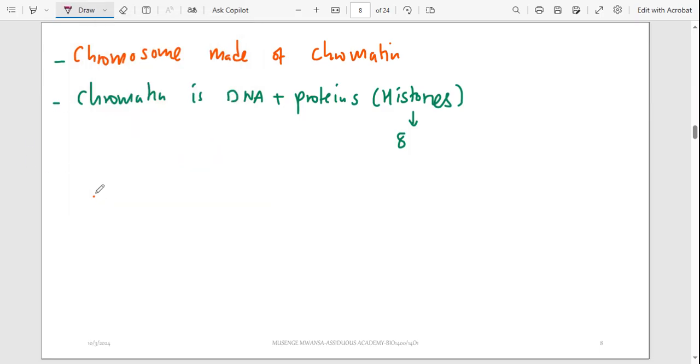It all starts like this. Remember, DNA is a double stranded molecule, right? So you have got this double stranded molecule. So what is going to happen? This is our DNA, which is a double stranded molecule. We call it a double helix.